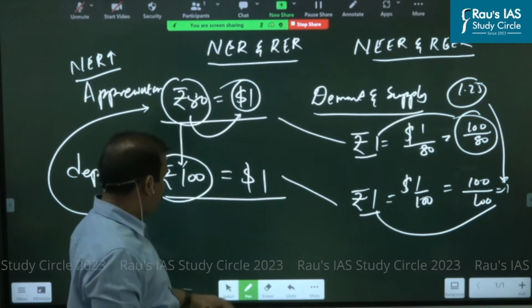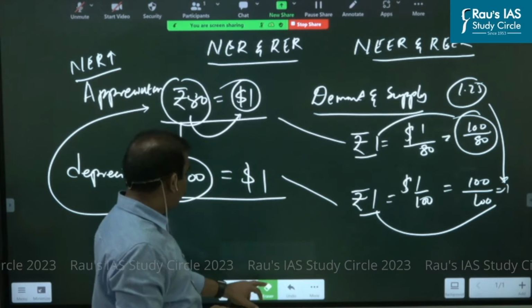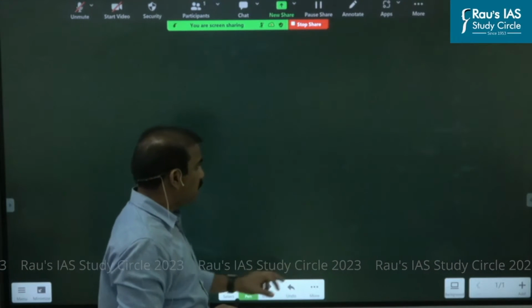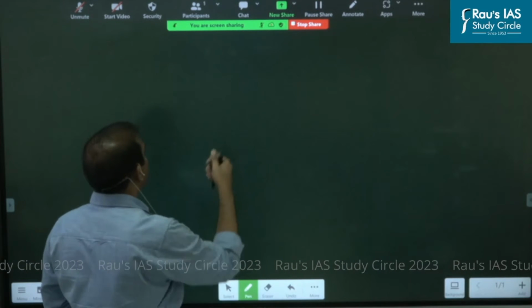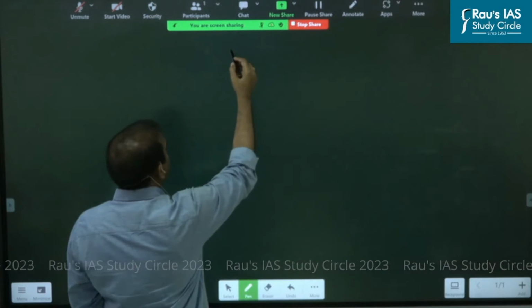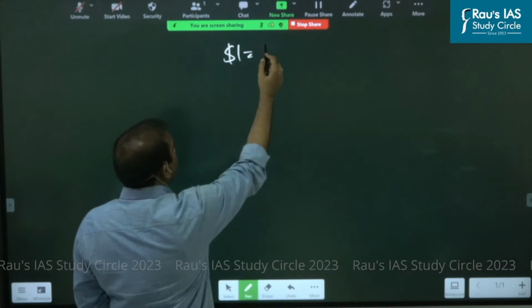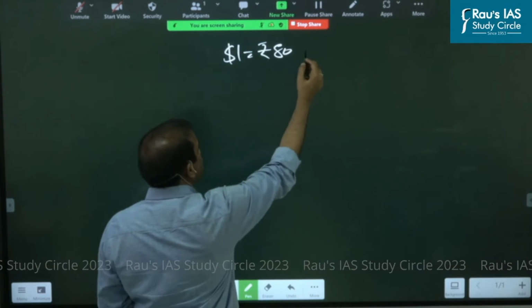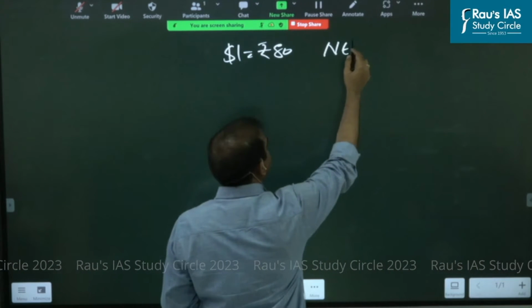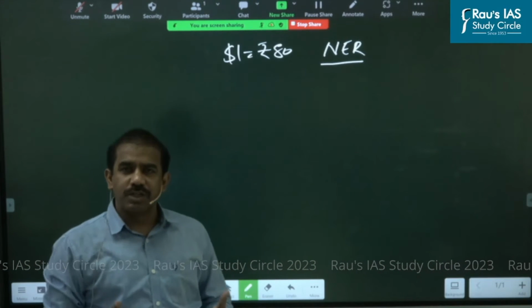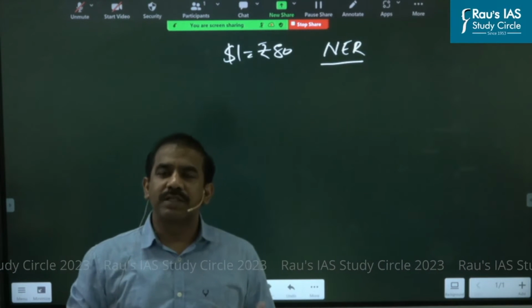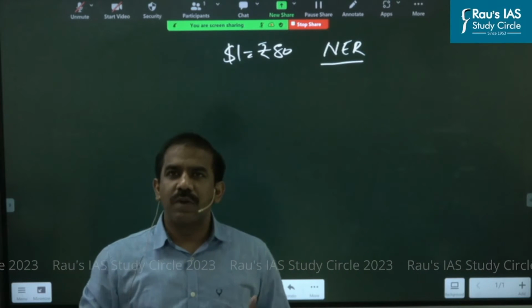So now let's try to figure out the difference between the real exchange rate and the nominal exchange rate. But before that, let me give you a very simple example. Let's say, as of now, $1 is fetching you 80 rupees, and I call this the nominal exchange rate. Generally, when we figure out the real exchange rate, we compare a basket of goods in different markets.